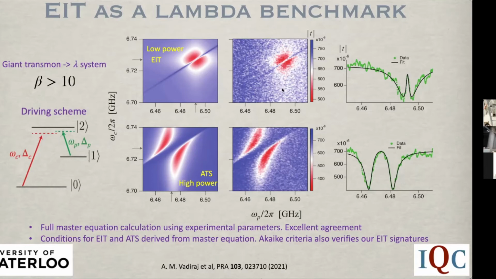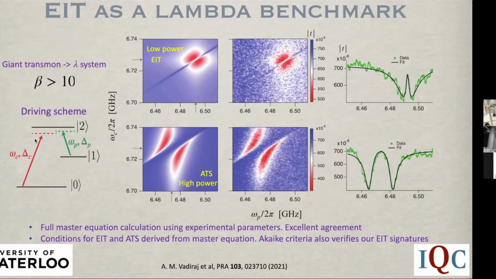But what we can see is what we expect. We drive the system into the 1-2 manifold, we see scattering from that, but then you can see there's a thin line in the middle where that scattering is suppressed. And this is the electromagnetically induced transparency, where what's happening is I now get an interference effect of how the system moves.